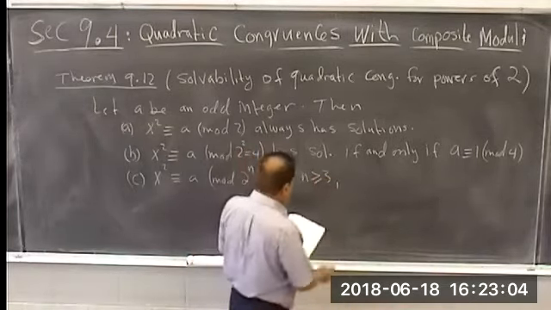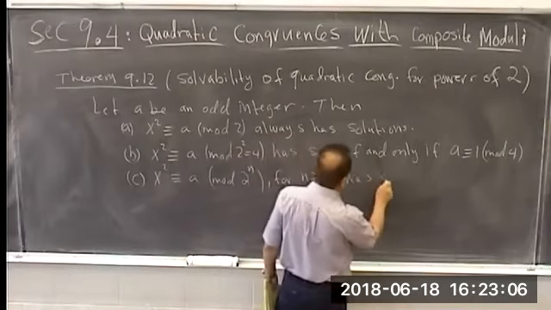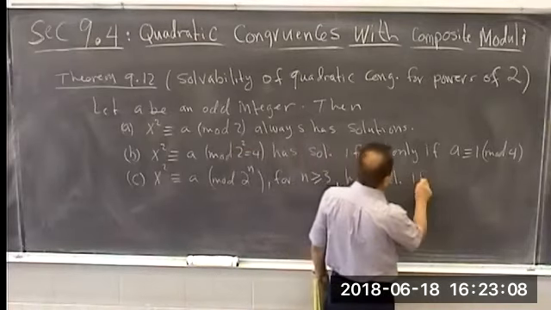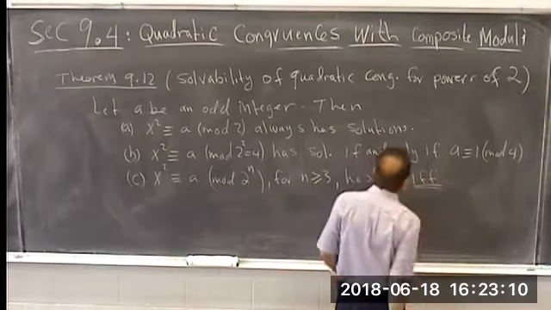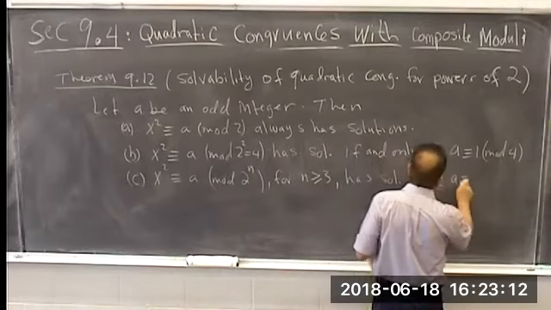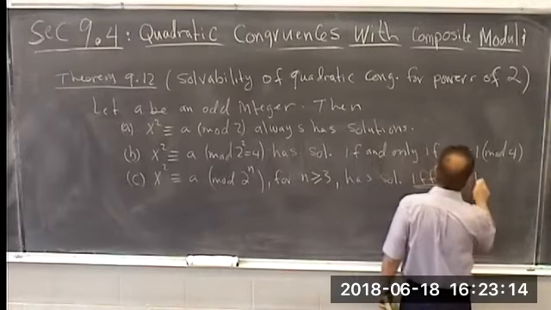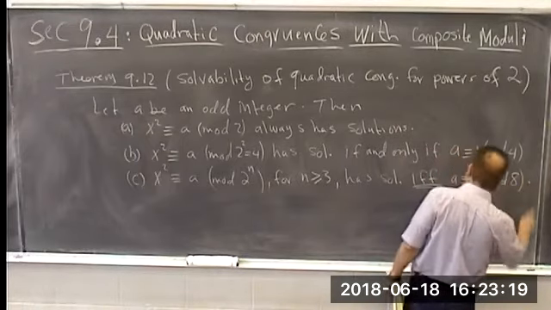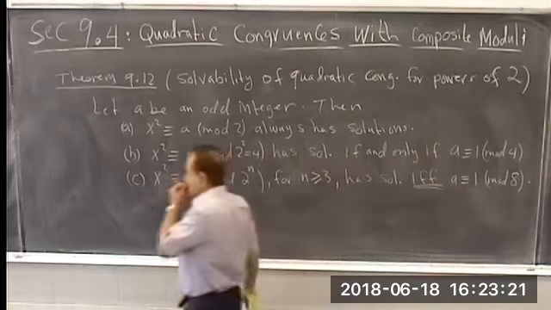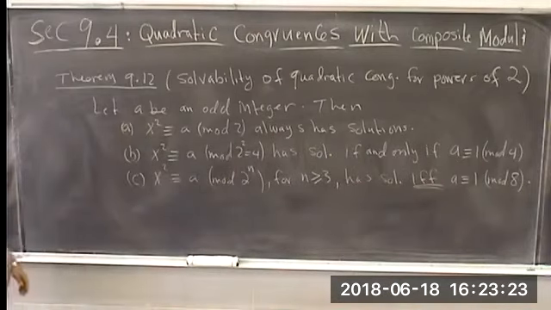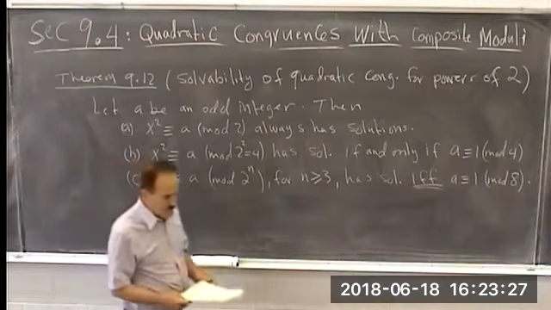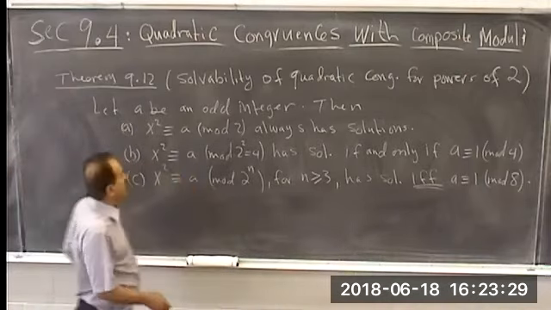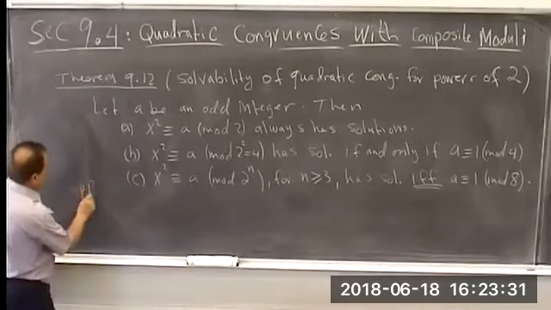This again has a solution if and only if A is congruent to 1 mod 8. So these are the necessary and sufficient conditions for powers of 2. Okay, let's start with the proof.